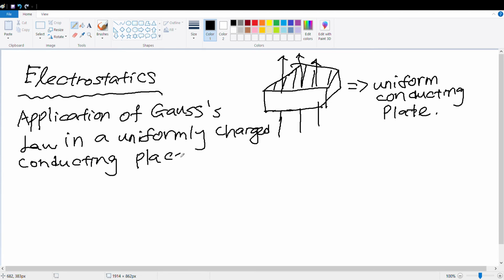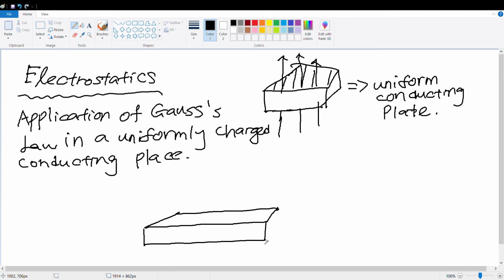This is our aim. As I mentioned just now, this is a uniform conducting plate, which is a cubic rectangular shape.